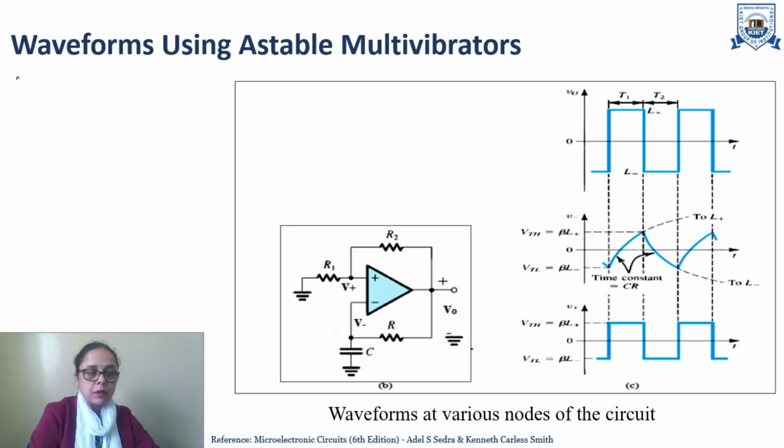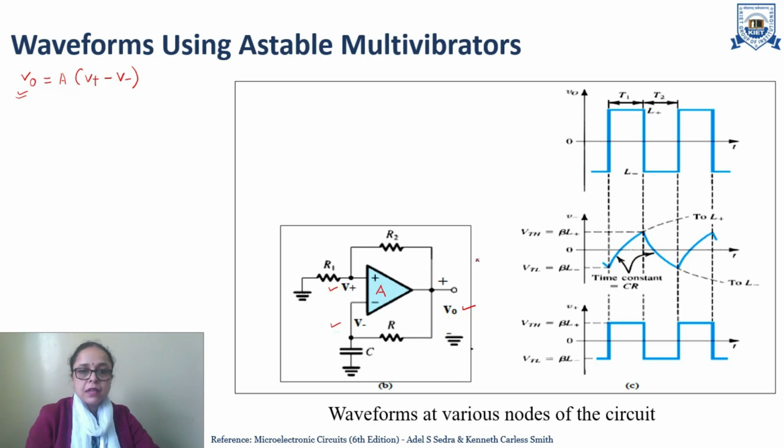The formula for gain: the output voltage V naught is equal to A times (V plus minus V minus). This is the output voltage of the op amp, A is the gain of the amplifier, V plus is the voltage at the positive terminal, and V minus is the voltage at the negative terminal.